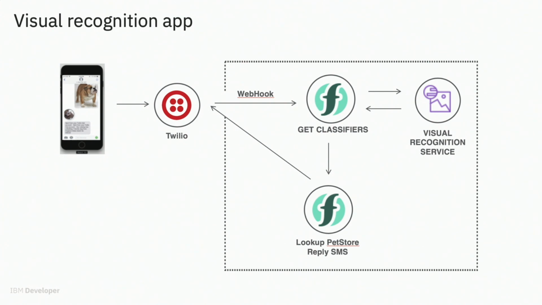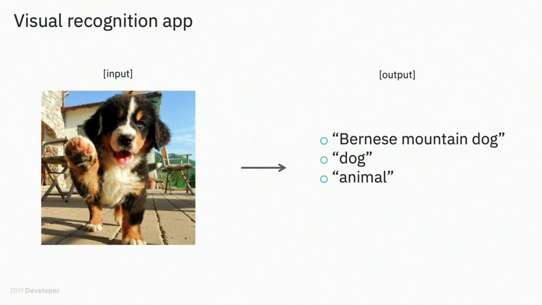You run that, identify the image, get the classifications back, and then possibly run another function, both returning what the actual picture is, but then you could also chain them together and maybe get some pricing information from a pet store or some other product information.